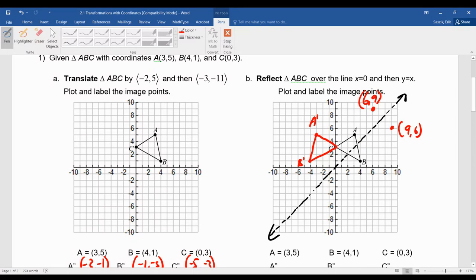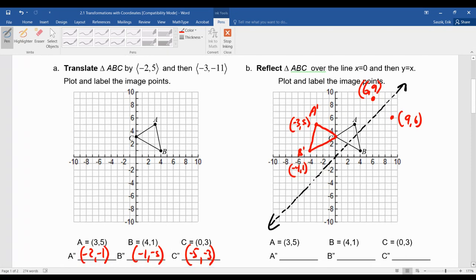All right. So let me write down my A prime values. This is -3, comma, 5. B prime was -4, 1. And C, of course, is 0, 3.